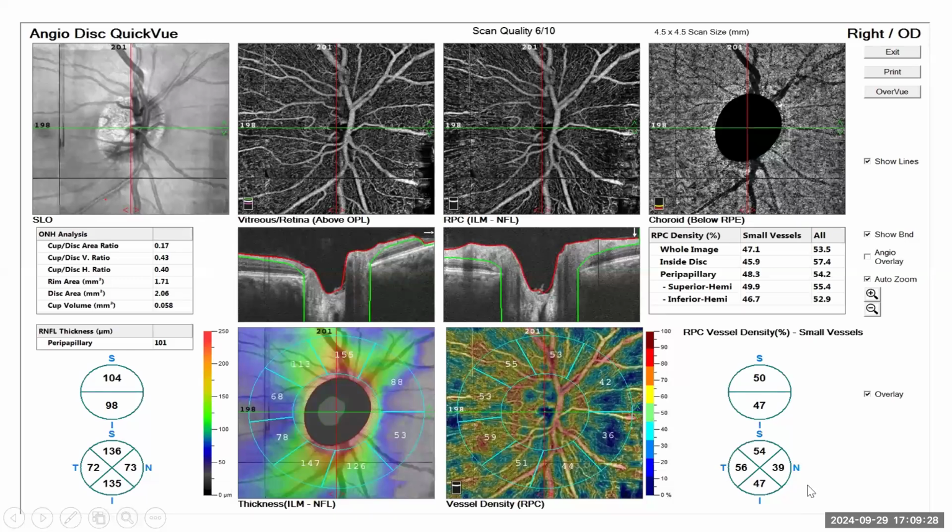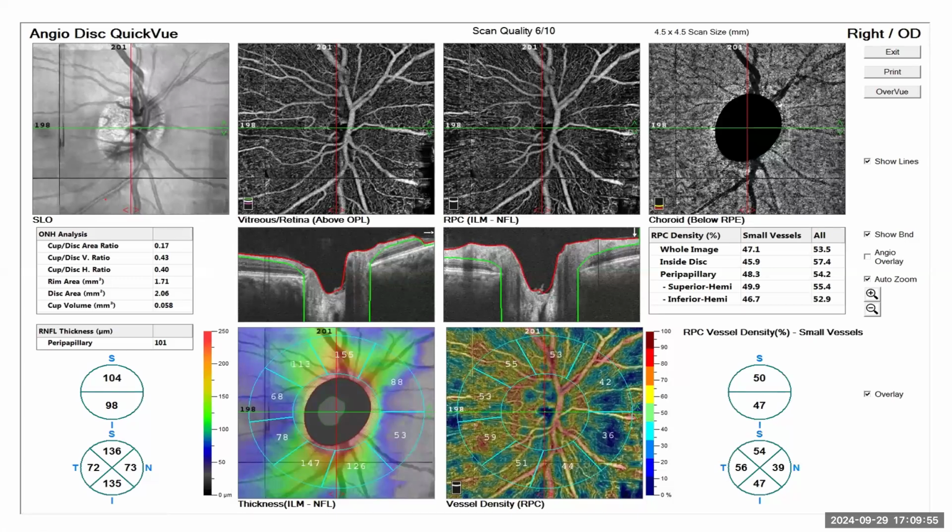But if we go to the different sectors, we'll find out that the vessel density in the inferior quadrant has dropped, it's reduced here. This is 47. And it has a nerve fiber layer thickness almost equivalent to the superior that has 54 for the vessel density.